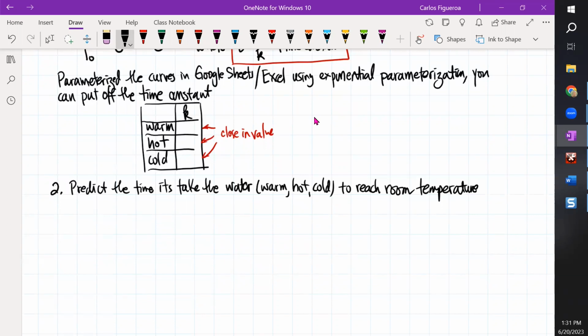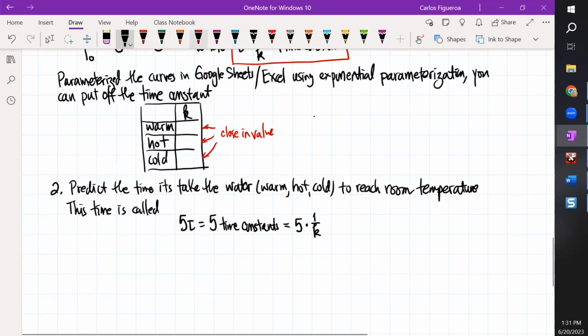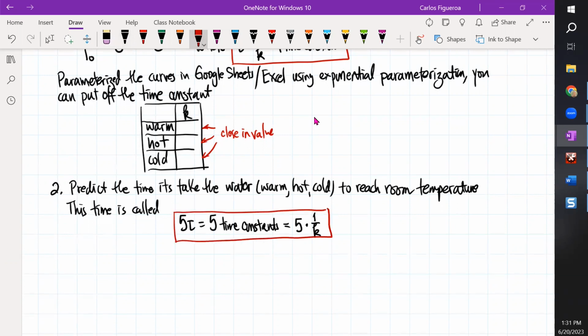So what we said earlier is that this time is called 5 tau. In other words, it's called 5 time constants. And in this case, this should be 5 times 1 over k. So if you figure out what k is, then this is how much time it takes to reach room temperature.